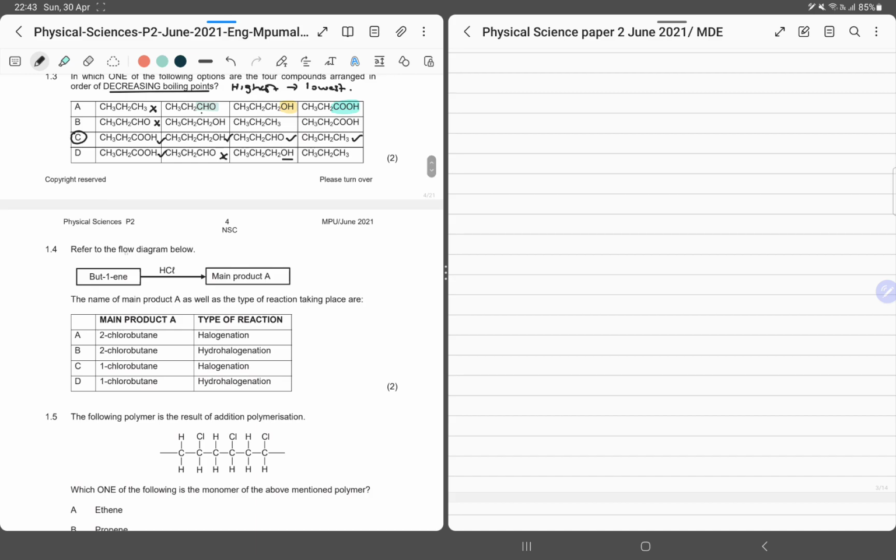Now we're told to refer to the flow diagram, but-1-ene. But-1-ene is an alkene, meaning there's a double bond on the first carbon. So let's try and look at it in terms of the structural formula. We may have one hydrogen here, there's two here.